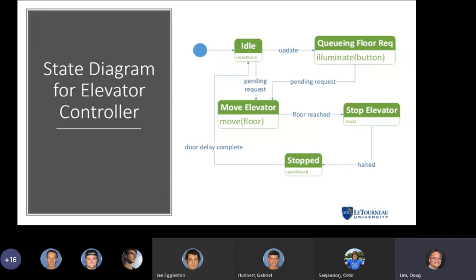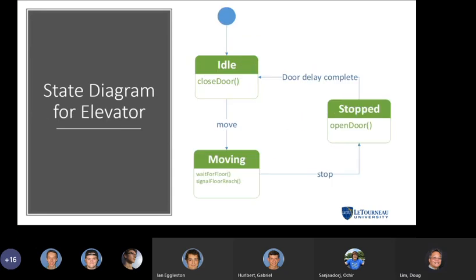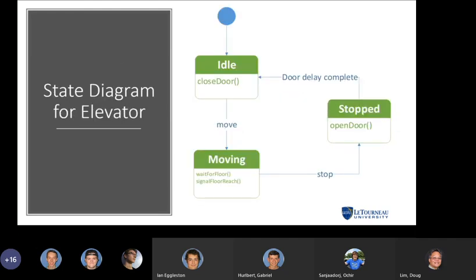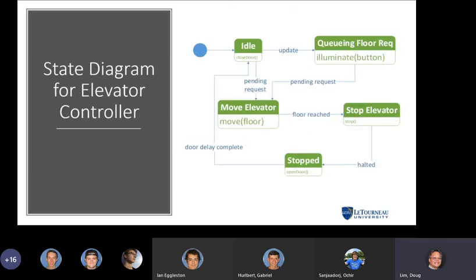And so out of the elevator controller, there should be an illuminate button. And so here we have elevator controller sending an illuminate to the button. So anyway, that is sort of a cut at the state diagrams.